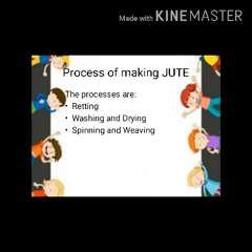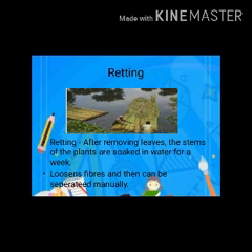Okay, after getting dried under the sun, the jute plant will be soaked in water for a week. This process is called retting. After removing leaves from the jute plant, the jute plants will be soaked in water for a week, and this process is termed retting.